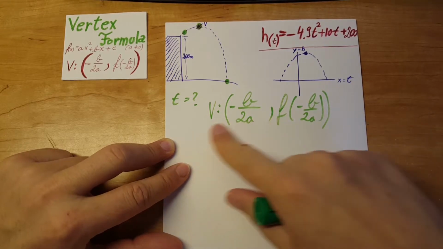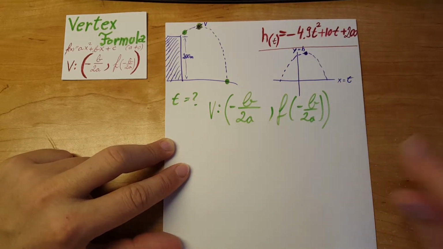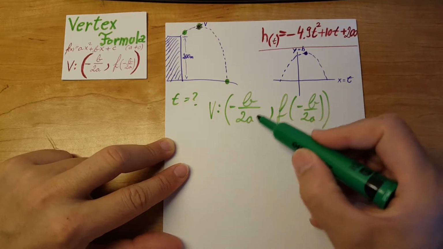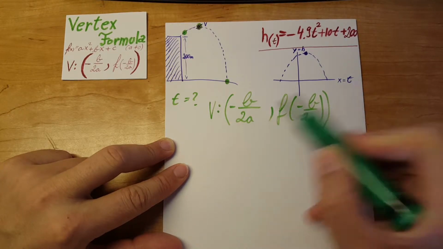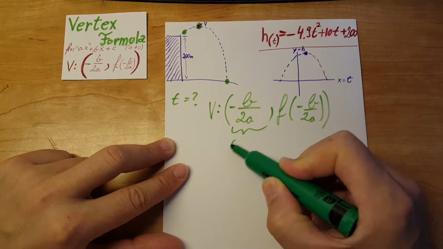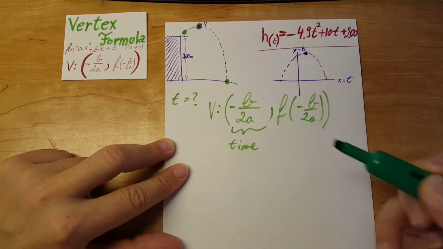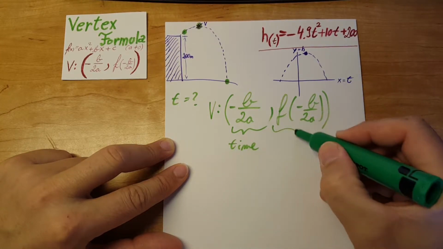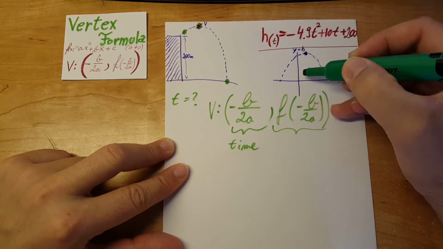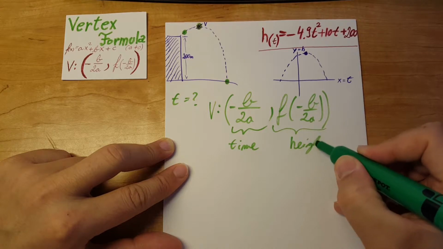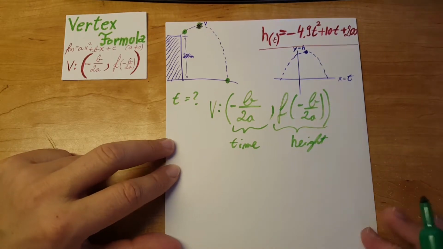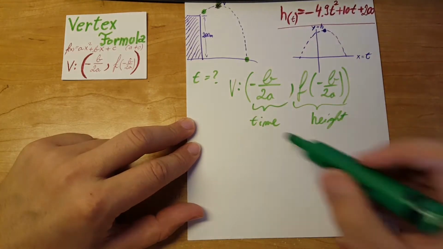Okay, this is our vertex formula. Here this is the x coordinate, which for us is the time, and this is the y coordinate, which is the height. So there you go, the time.